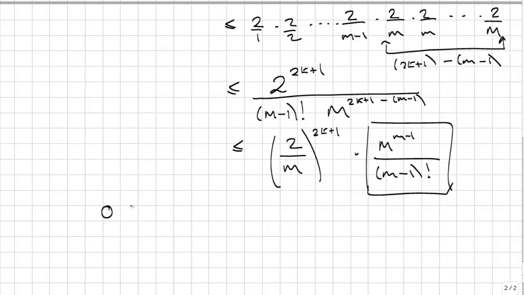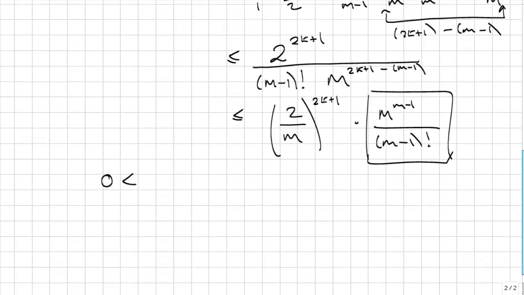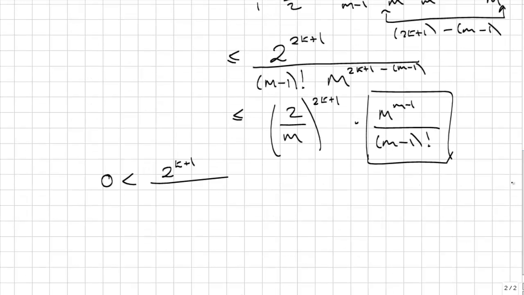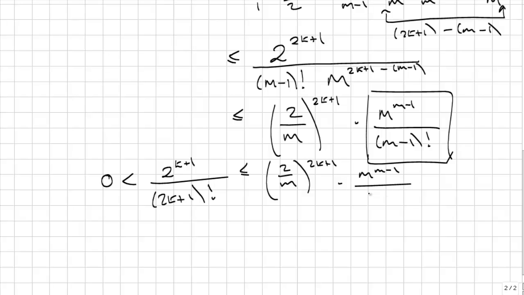We've got 0 is strictly less than the expression that we started with, which was, once we've taken the absolute sign, of course, this, which itself is less than or equal to 2 over m to the 2k plus 1 times by m to the m minus 1 over m minus 1 factorial.